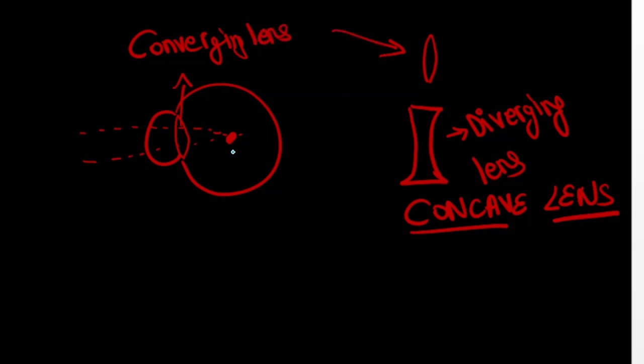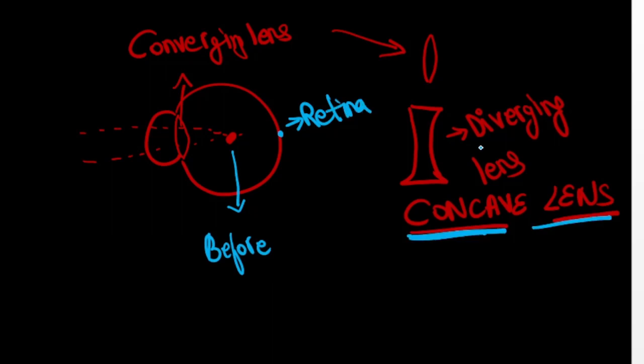I have to do something that image is formed on retina. So I'll do what? I'll use this concave lens. This concave lens, this diverging lens will help me to form the image on my precious retina. How? Okay, now I'll tell you how.